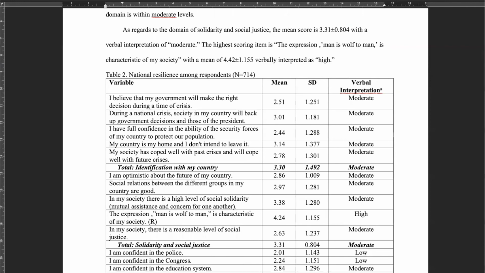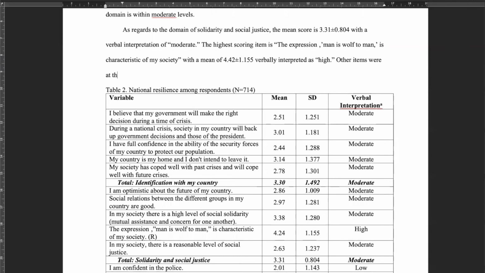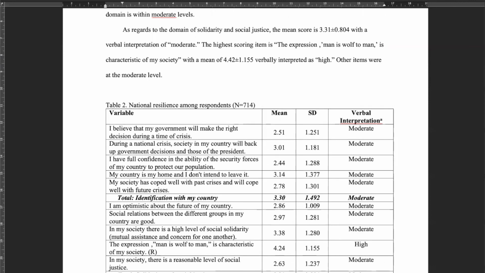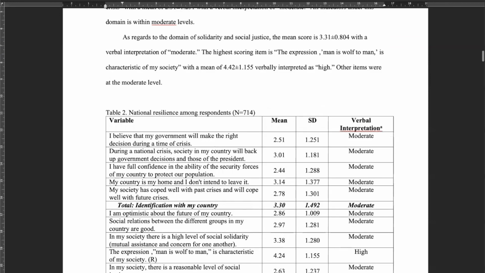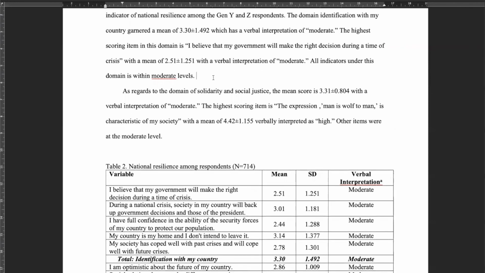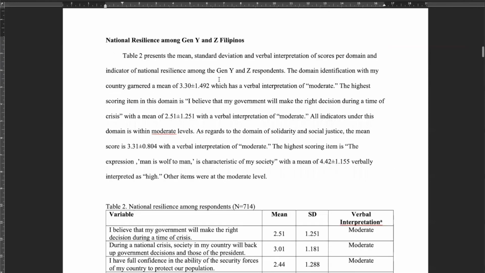And then we just say that other items were at the moderate level. And then finally, we can go, or maybe we will insert it there, because it is a bit long.